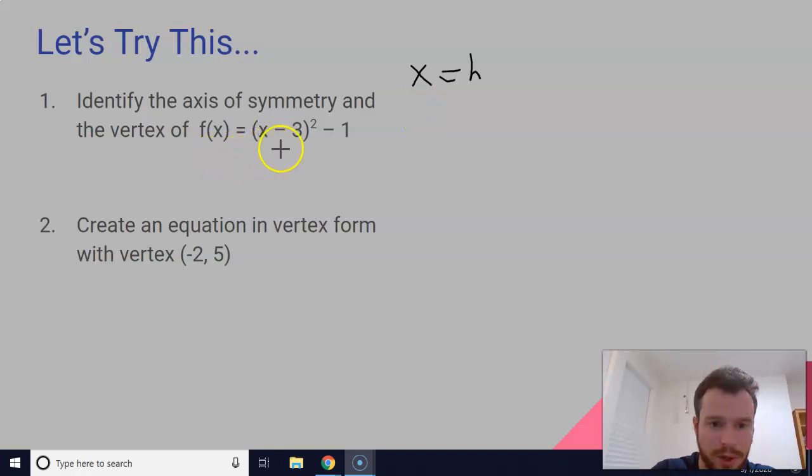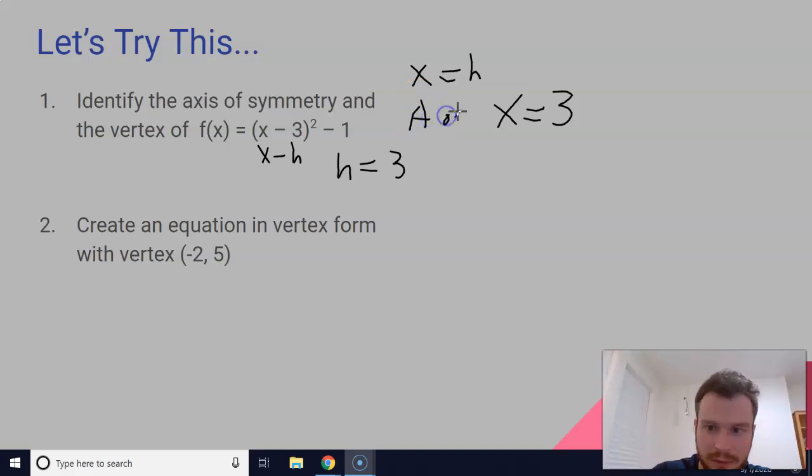So we know that h in this case is 3 because our formula goes x minus h. That's saying x minus positive 3, so h = 3. So x = 3. There's our axis of symmetry, our AoS.